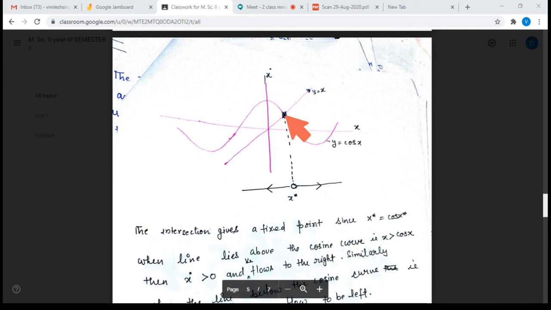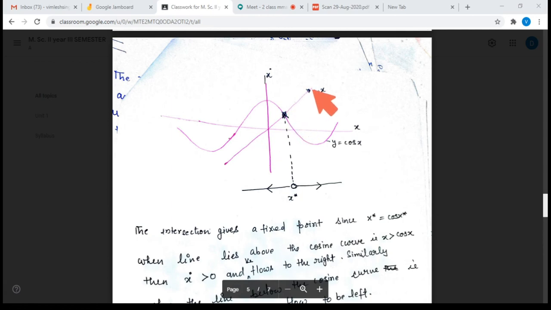Next, we plot a vector field here. We plot the flow of the fluid. On that fixed point, we see whether it attracts or repels. When the line y equals x lies above the cos x curve, it means x dot is positive here. If y equals x is below the cos x curve, it means x dot is negative here.